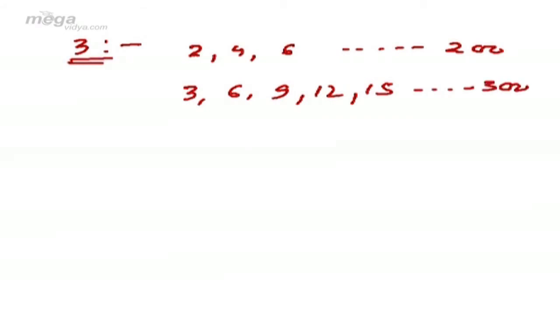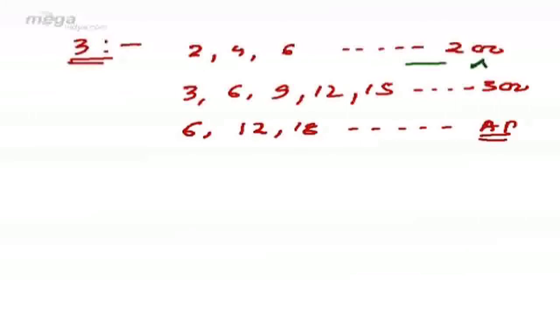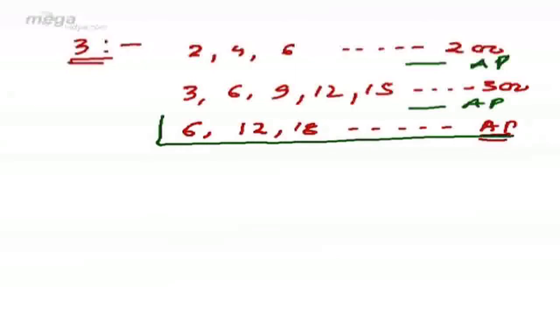In that case, if you want to find the common terms between both the APs, then the common terms will be 6, after this you get 12, after this you get 18, and so on. This will also be in AP. It means this is in AP and this one is in AP, but if you want to find the common terms between both the APs, those terms will also be in AP. This is the property number 3.